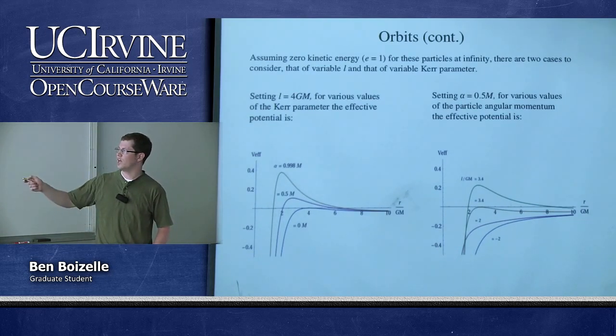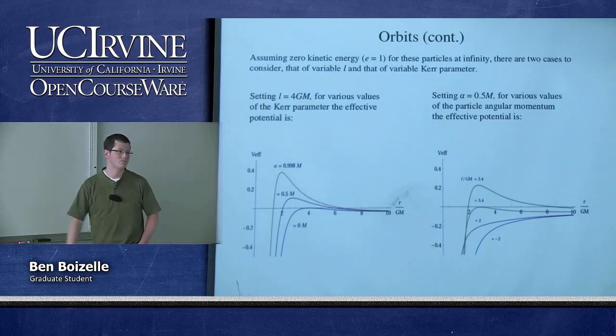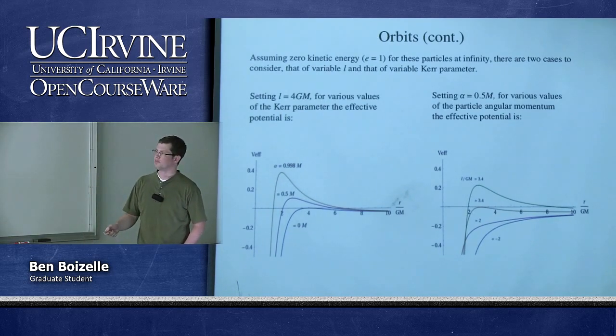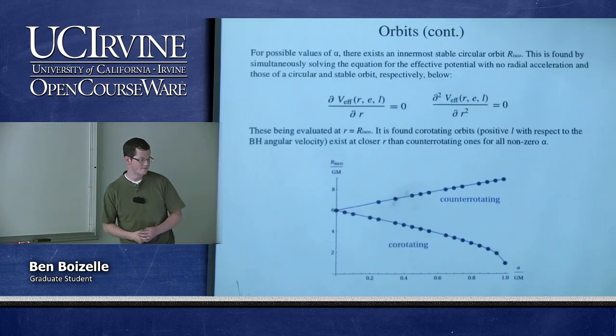We see that you will have a peak for some of them, and some of them will not have any peak, indicating that a particle from infinity will fall into the horizon, into the singularity. But some of them will come in, bounce back, and have an orbit. There is a limit to what orbit you are able to have.